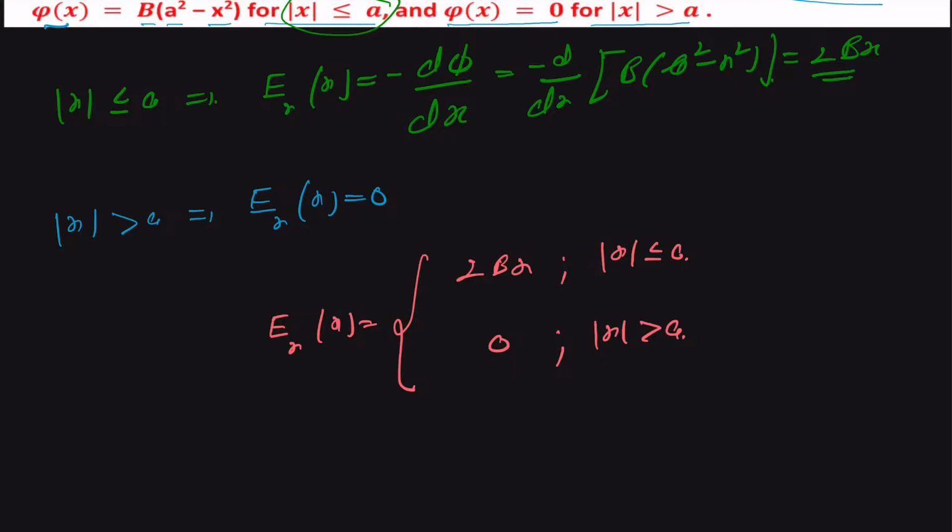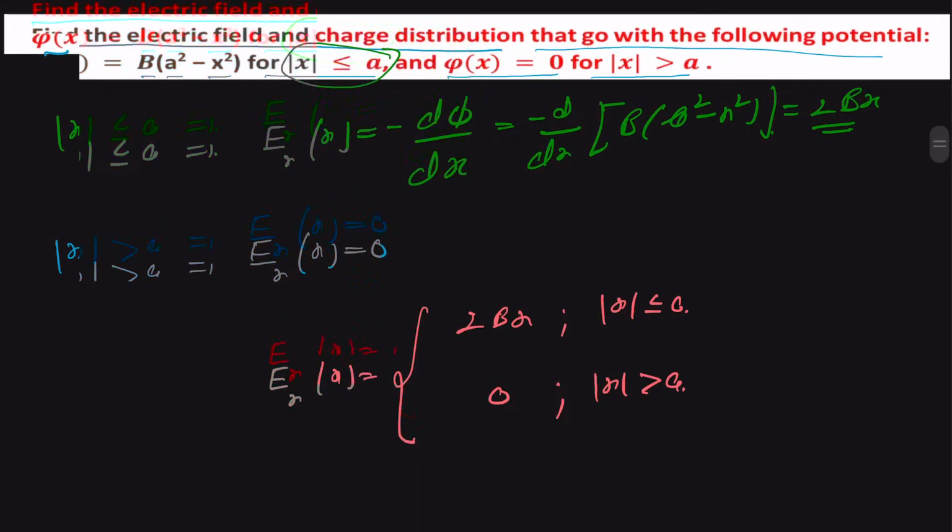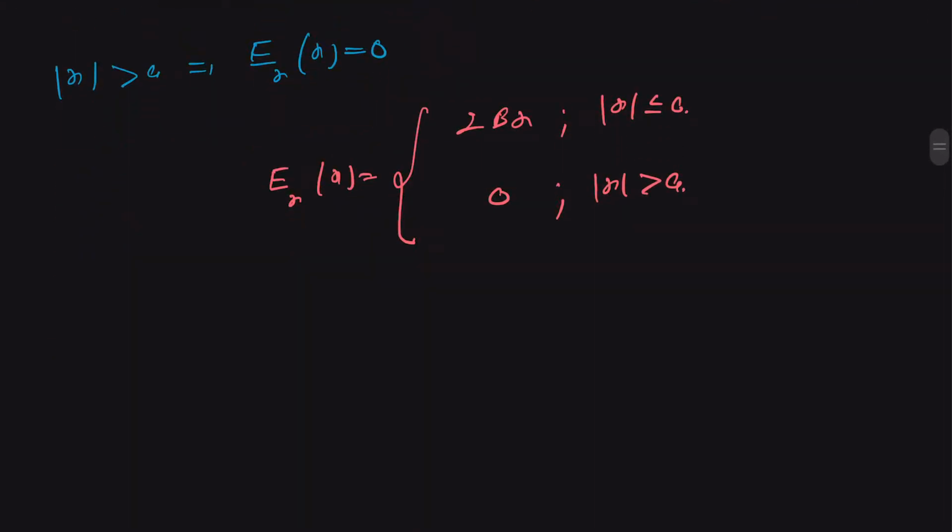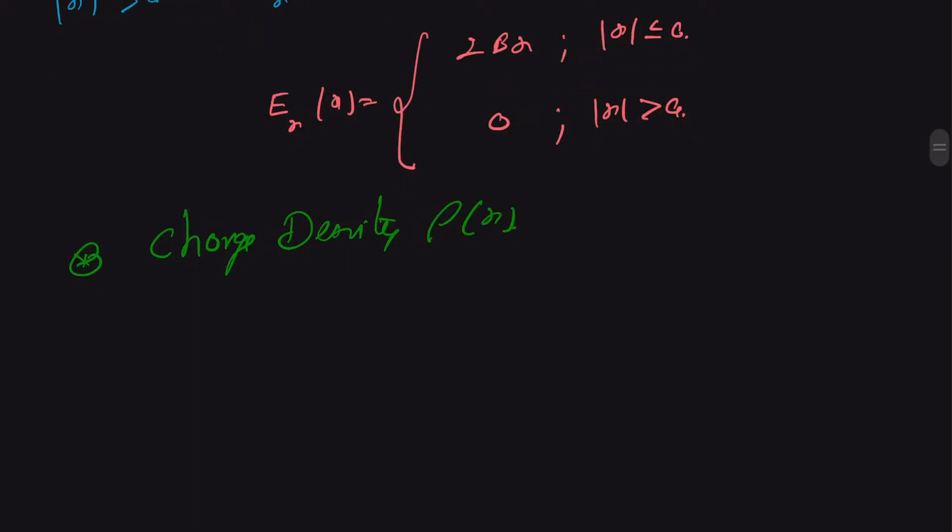And next we also have to find out the charge distribution. So you can say that our charge density, that is our rho of x, and for that we can simply use our Gauss law, that is the derivative of our electric field is equal to our charge density divided by epsilon naught.